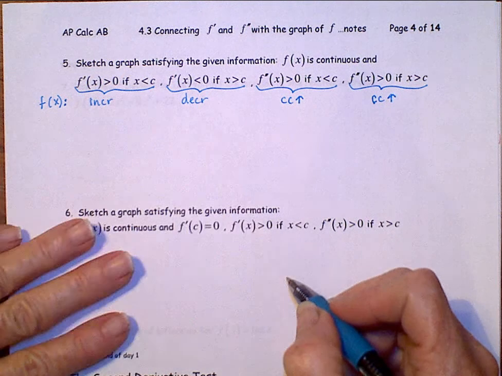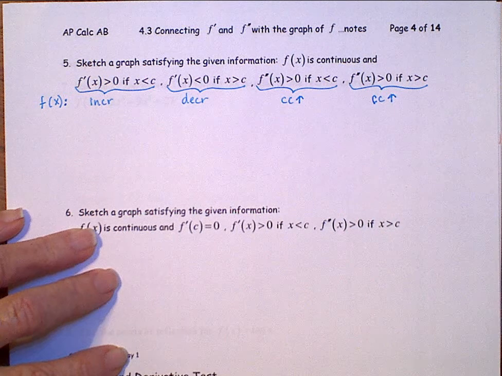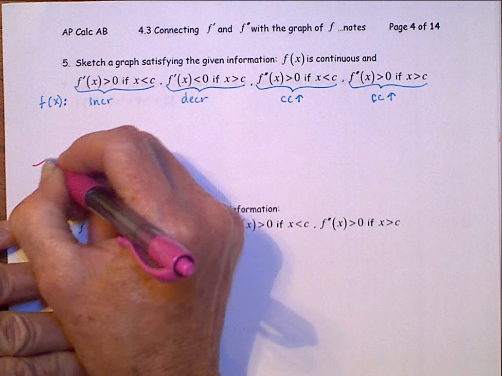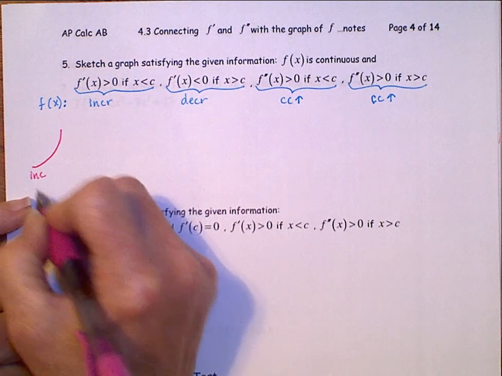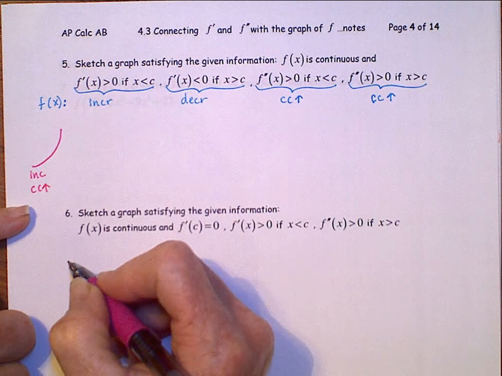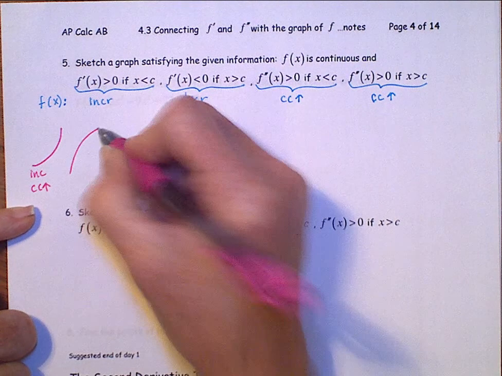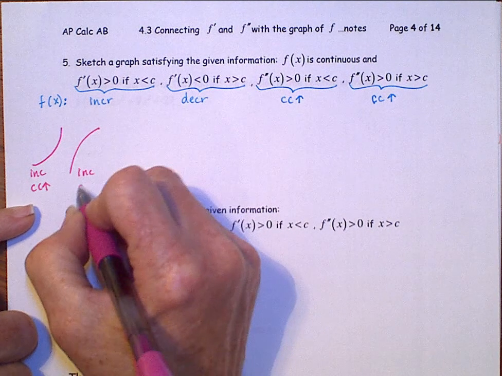Okay, now let's just take a look at some basic pieces of information, just some general ideas about graphs. A graph that's shaped like this is increasing and concave up. A graph shaped like this is still increasing, but it is concave down.